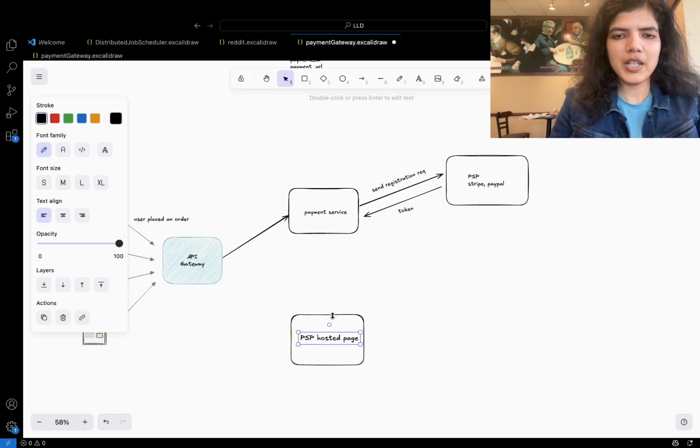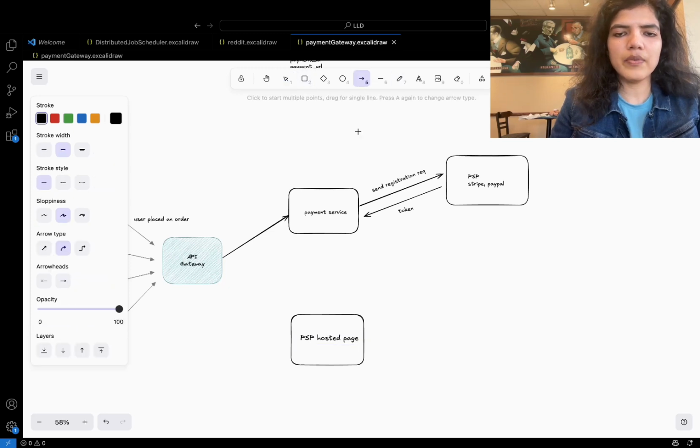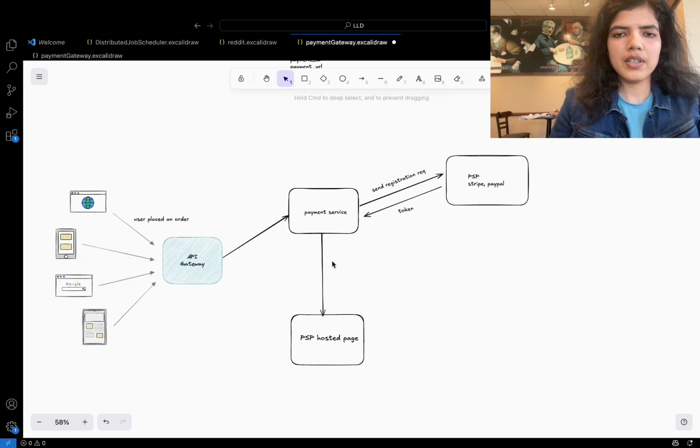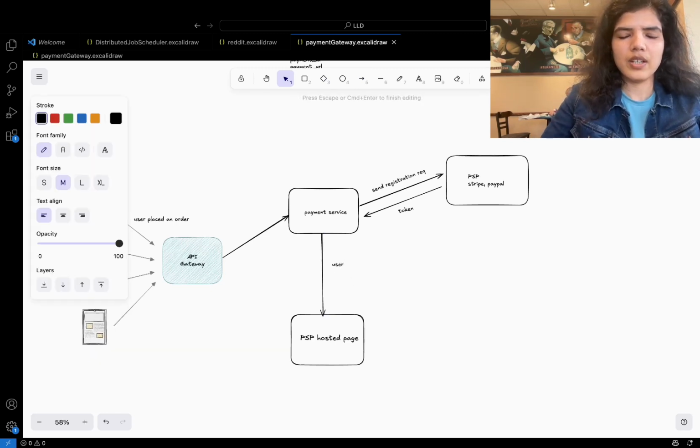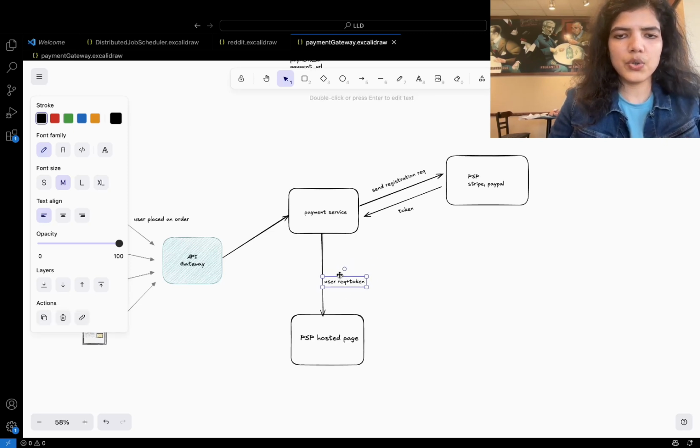So this would be our PSP hosted page, and when would it show? Based on the token, once the user has the details, with the help of the request and token, it will show the hosted page.